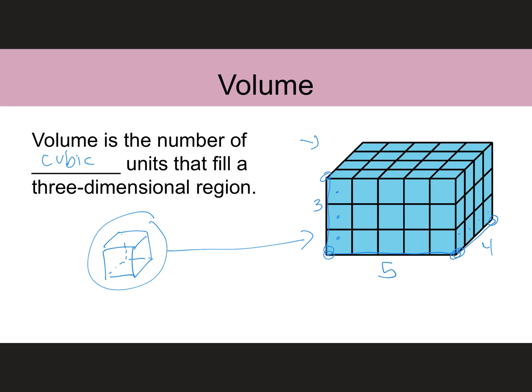And when I multiply those together, base times width times height, doesn't matter what order I multiply, 3 times 5 is 15, times 4, 60 cubic units. That means that 60 of these fit into this rectangular prism that we see.